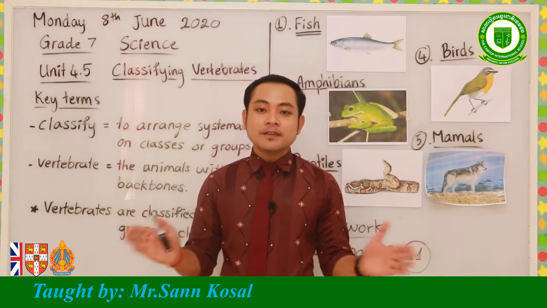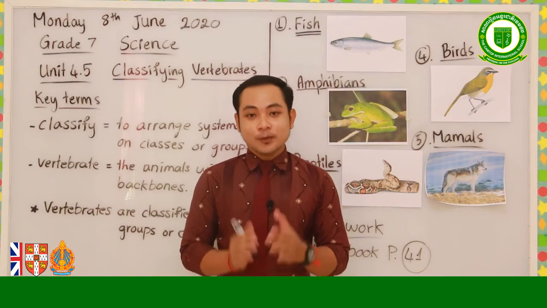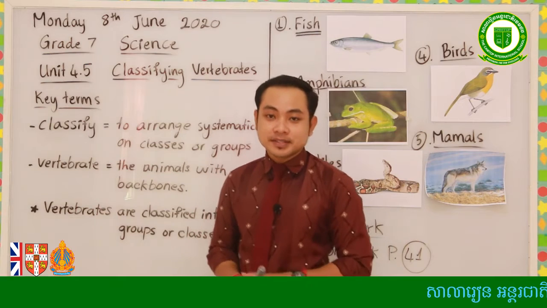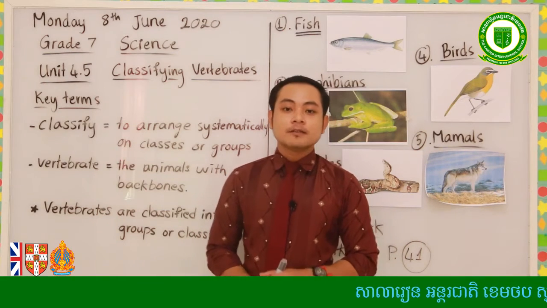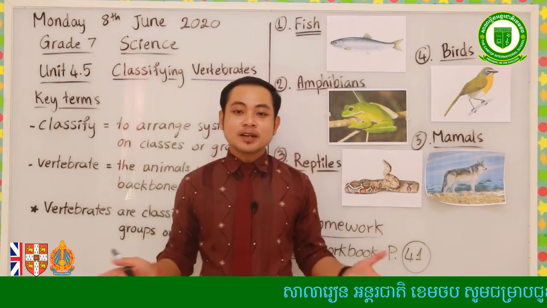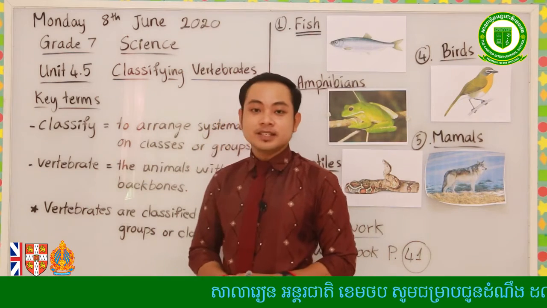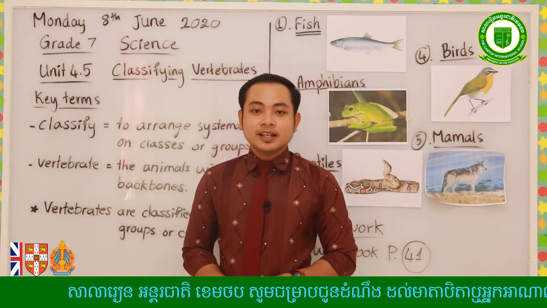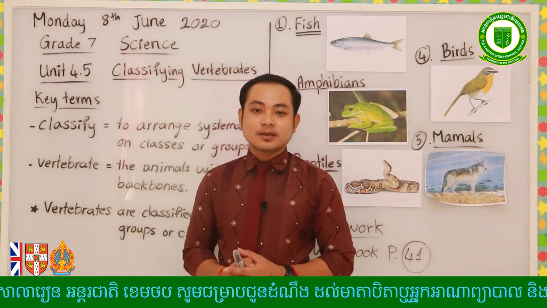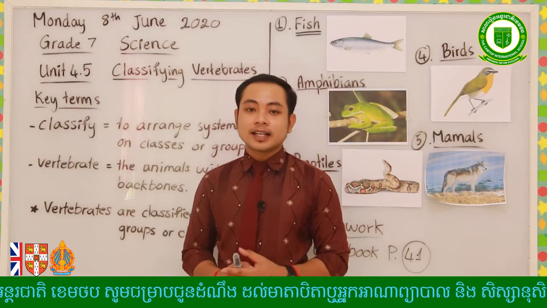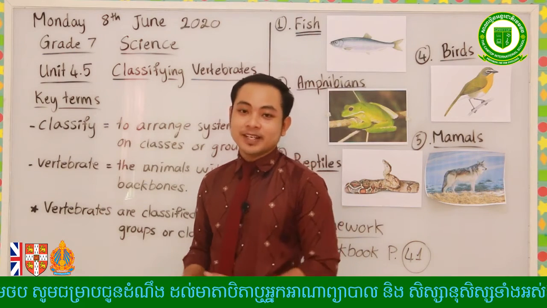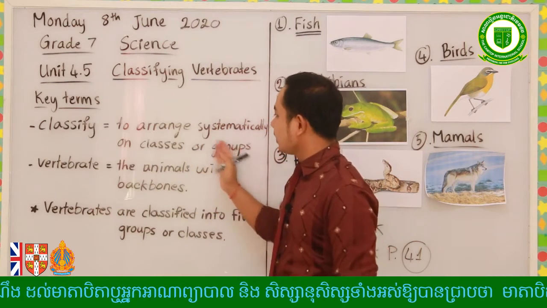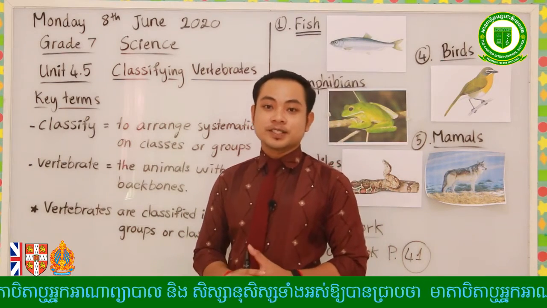Okay, so what have you learned today? What was your lesson today? Your lesson today was about classifying vertebrates. Do you remember what classify means? What does vertebrate mean? And how many classes or groups of vertebrates are classified? Okay, there we go, all together. Classify means to arrange systematically in classes or groups.